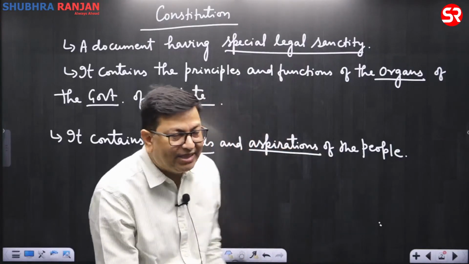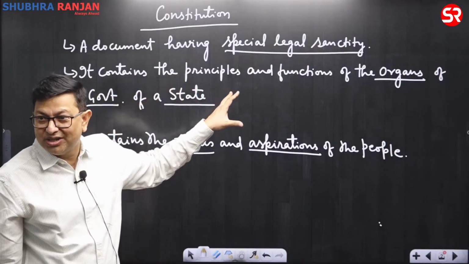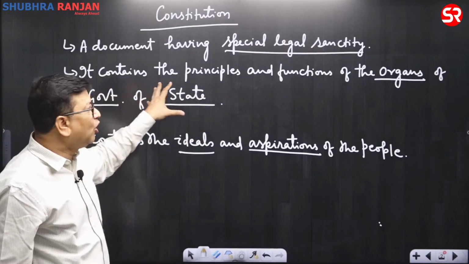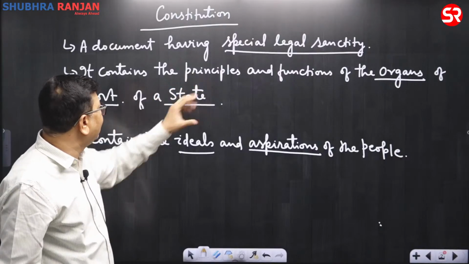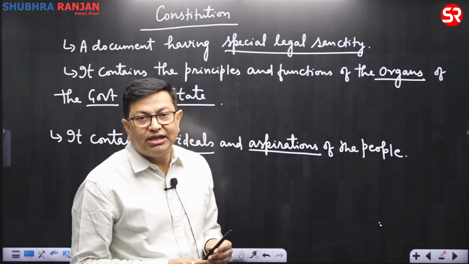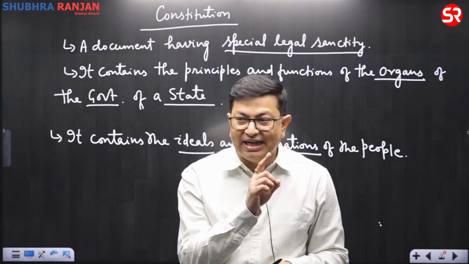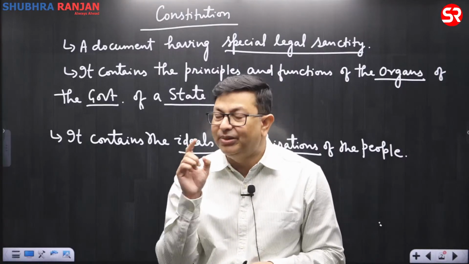So this is a wider definition of the word constitution: it is a document having a special legal sanctity which contains the principles and functions of the organs of the government of a state, and it also contains the ideals and aspirations of the people.